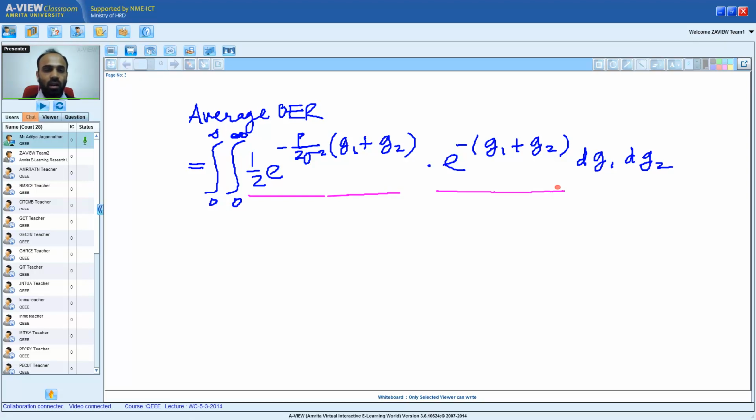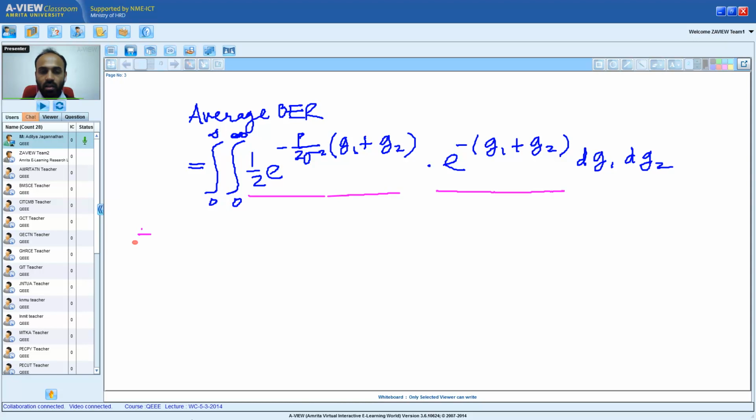The limits of G1, G2 are from 0 to infinity. Therefore I am computing the average of this function over the joint distribution of the gains G1, G2, right? And we had also evaluated this.